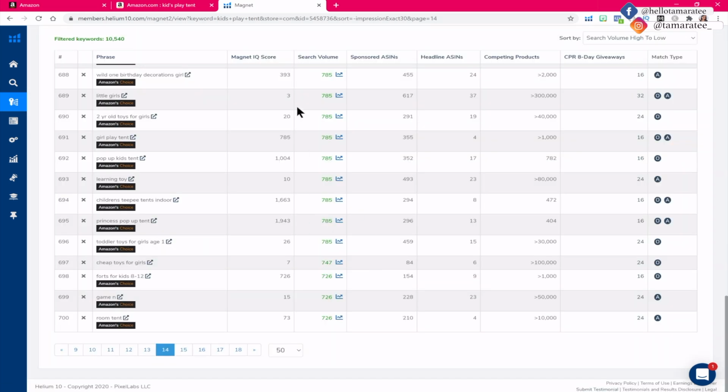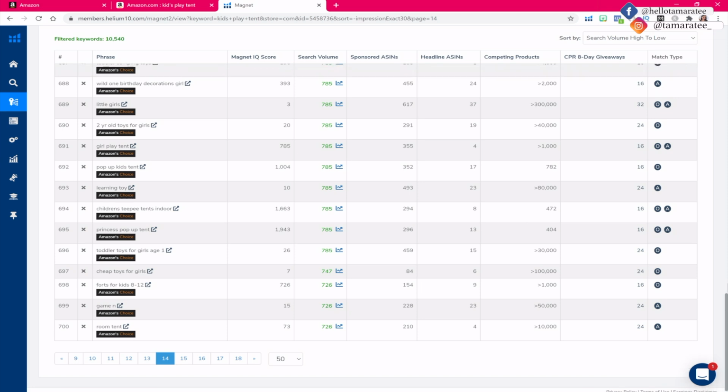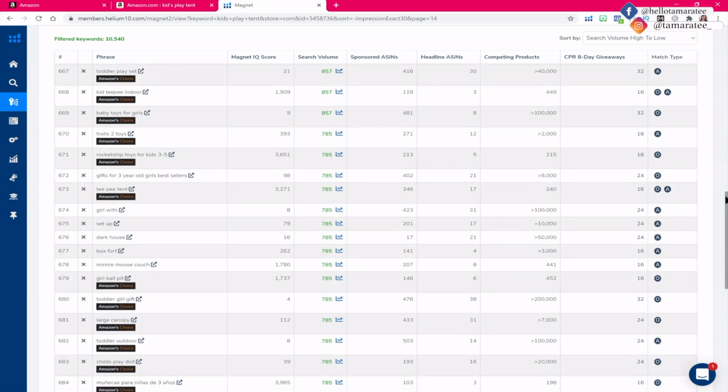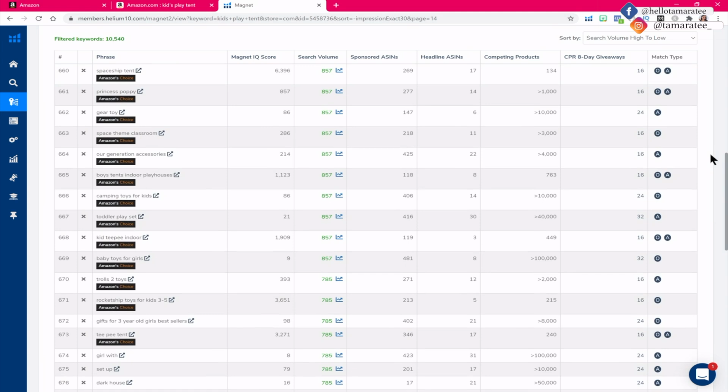Okay, so for all of these keywords, they only have 3 figures in search volume. Now, I don't know a specific number that will tell you, hey, this keyword is very low in search volume, but I can say that anything in the 3-figure range is very little search volume, which means not many people are searching for this keyword.